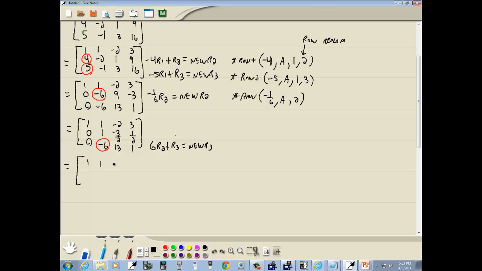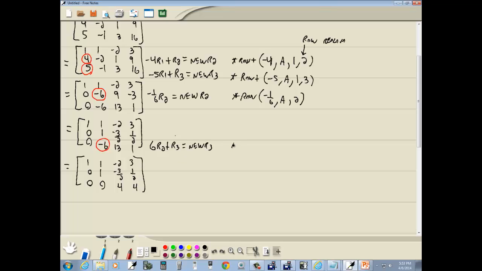Let's see, 1, 1, negative 2, 3, 0, 1, negative 3 halves, 1 half. Okay, 6 times 0 is 0 plus 0 is 0. 6 times 1 is 6 plus negative 6 is 0. 6 times negative 3 halves is negative 18 halves, which is negative 9 plus 13 is 4. 6 times 1 half is 3 plus 1 is 4.